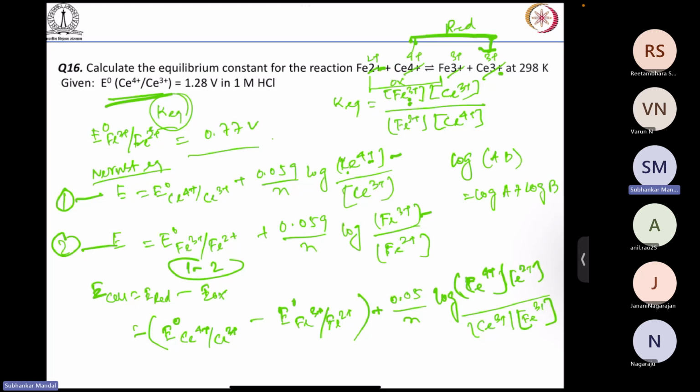Then here you can see that in the equilibrium expression Fe3+ is up, so this part you have to invert. That means 1 by K equilibrium it will be. This value you know, this value you know, and n is equal to 1, so this also we know. And E cell, you can calculate from here.